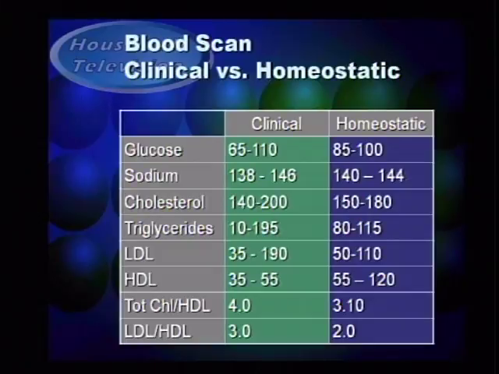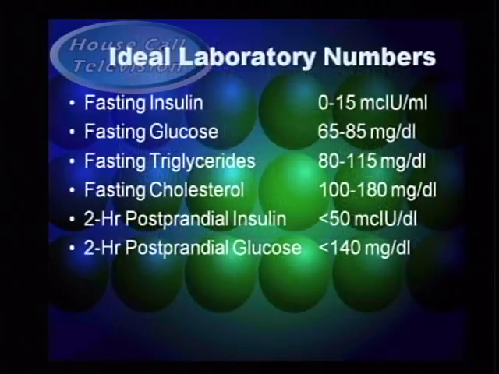So now we're going to move on to our new material, and we're going to look at some ideal laboratory numbers. And those ideal laboratory numbers, when we find glucose that's too high, then we're going to do fasting blood glucose.